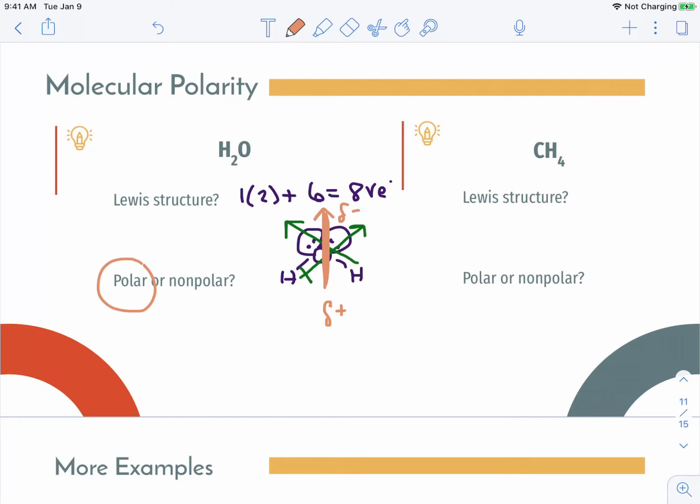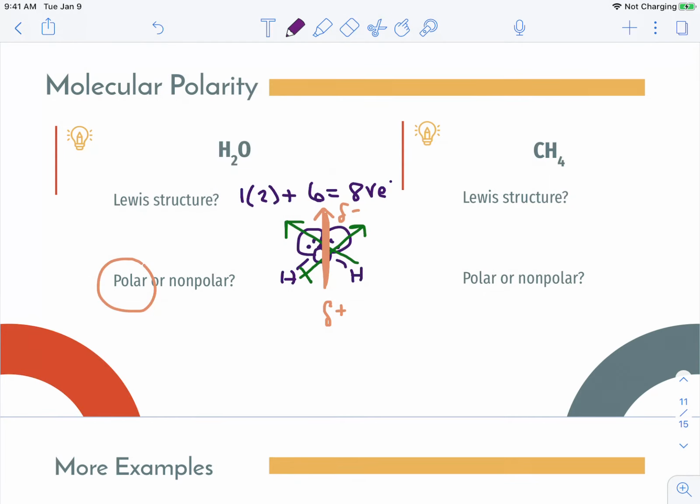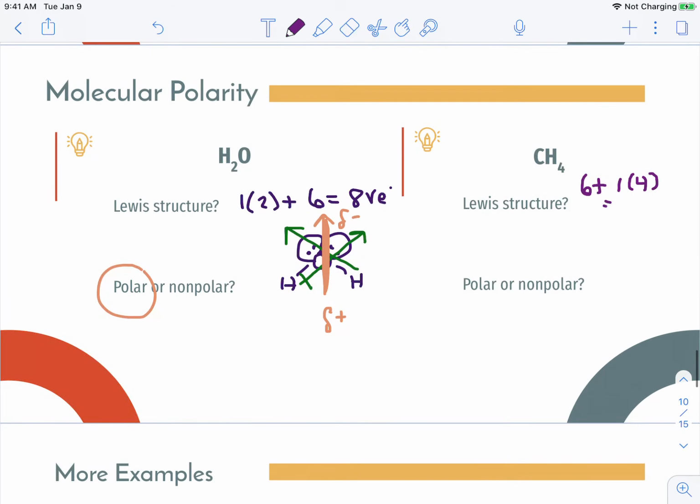Let's look at carbon tetrahydride. First, draw the Lewis dot structure for carbon tetrahydride. So carbon has 6 valence electrons, hydrogen has 1, but there's 4 of them. So we have 10 total valence electrons. Carbon goes in the middle, so we have a hydrogen, hydrogen, hydrogen, hydrogen.